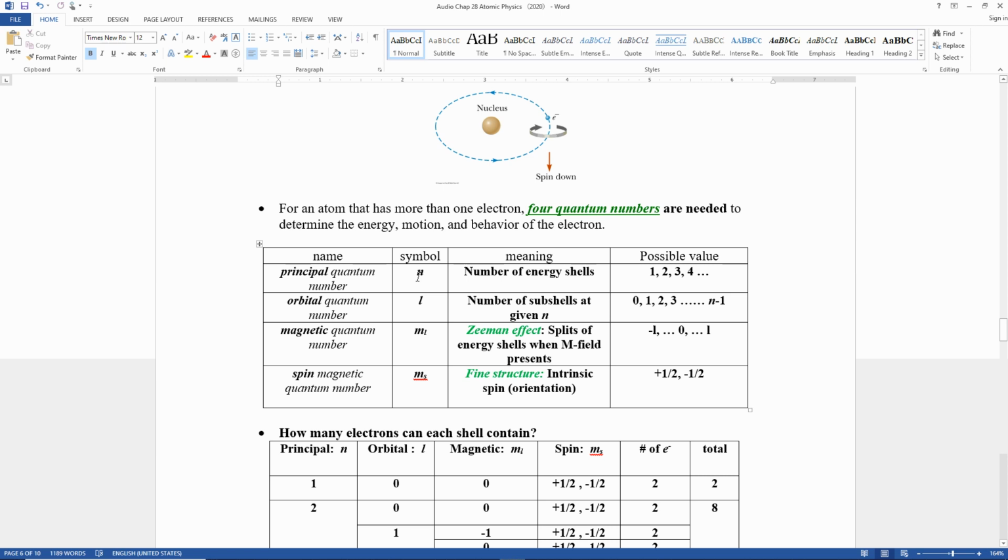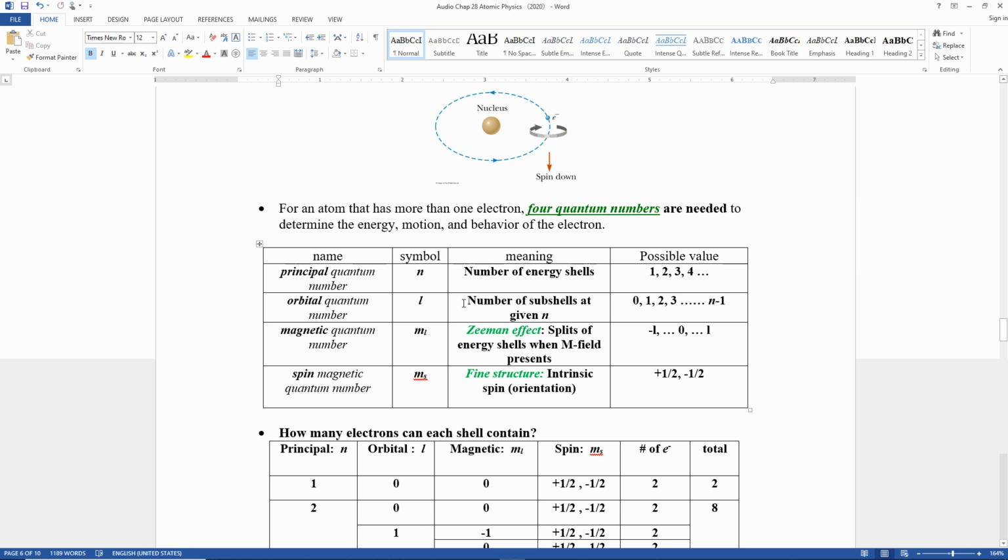First energy shell, n equals 1, second energy shell, n equals 2, and n equals 3, 4, up to 7. This one tells you the energy. A bigger number means higher energy. The second one gives you the subshell. The subshell we call the orbital quantum number, L. This number depends on n and is smaller than n.